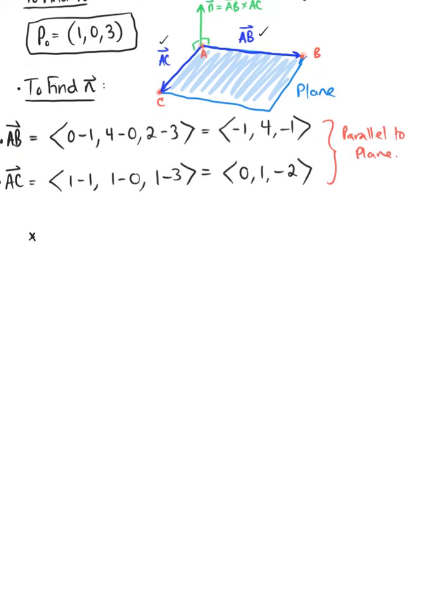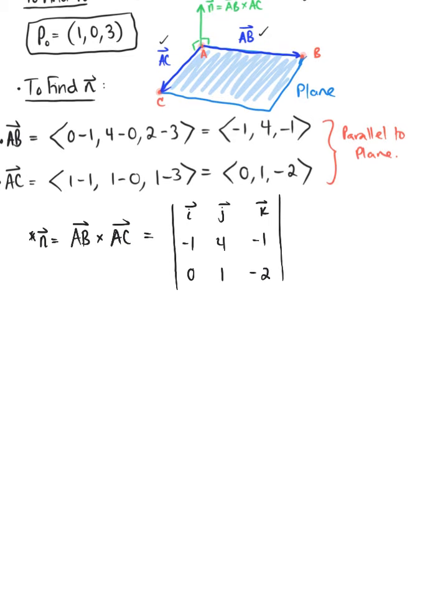So here we go. We can say that our normal vector is going to be defined as the cross product of vector AB with vector AC. So putting these two vectors into that 3 by 3 determinant, we have the first row of our standard unit vectors, i hat, j hat, k hat. The second row has the components -1, 4, -1, and the third row is 0, 1, -2.